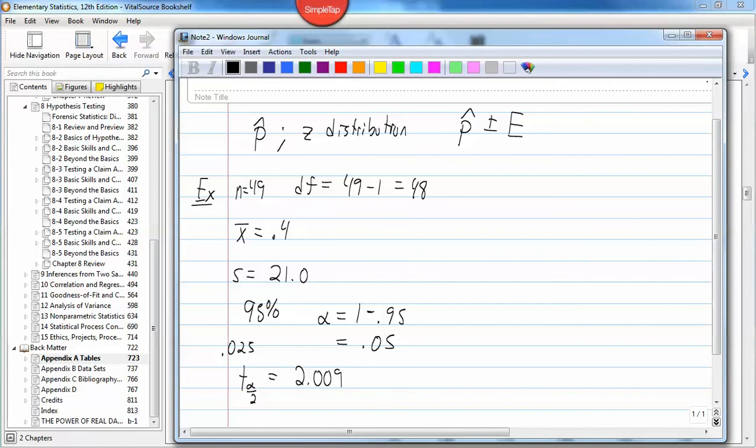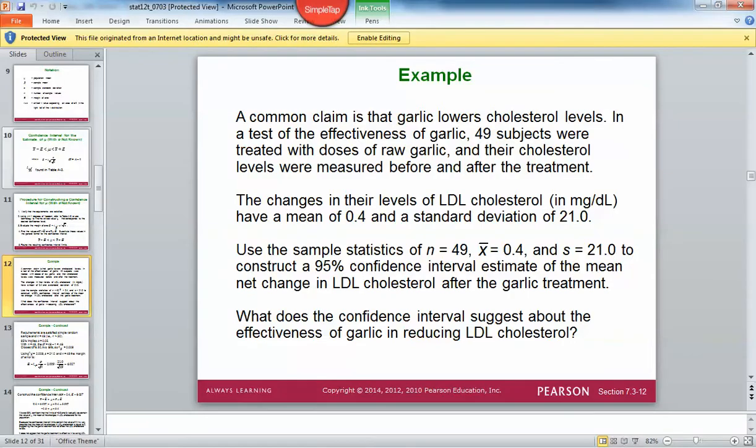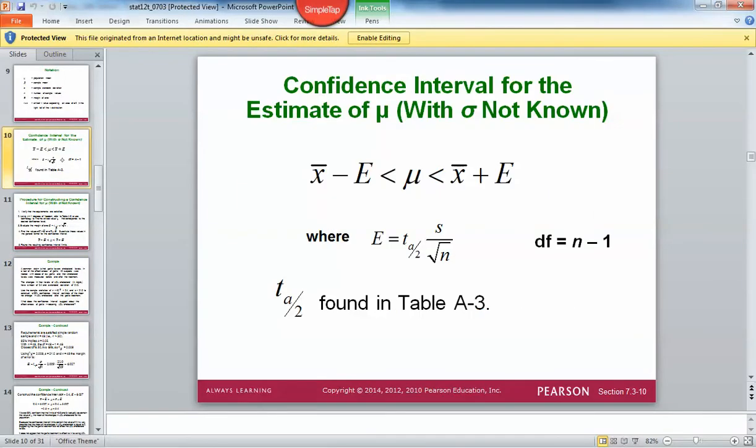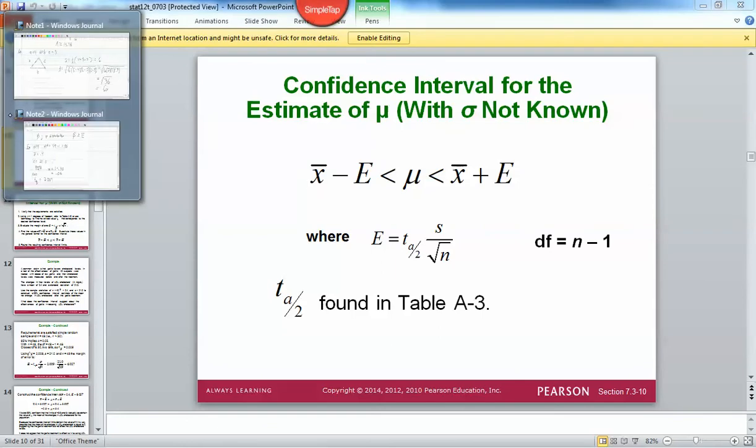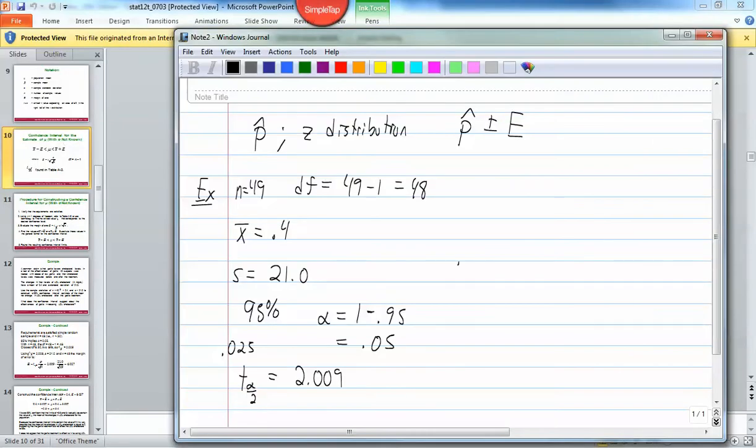All right, now we need to use our margin of error formula. So the margin of error is critical t-value times sample standard deviation divided by the square root of n. So critical t-value times sample standard deviation, that was 21.0, over the square root of n.